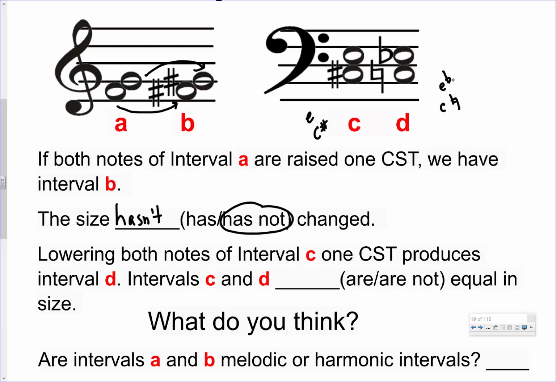So lowering both notes of interval C 1 CST produces interval D. So we took the C sharp and we lowered it 1 CST to a C natural, and we've taken the E natural and we've lowered it 1 CST, becoming an E flat. So intervals C and D are or are not equal in size? Well, hopefully you said they are equal in size.